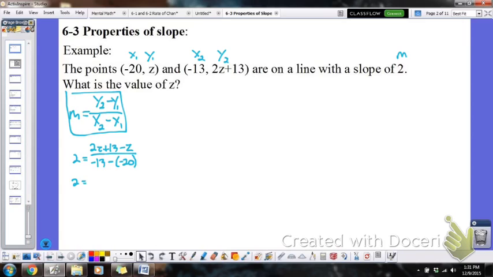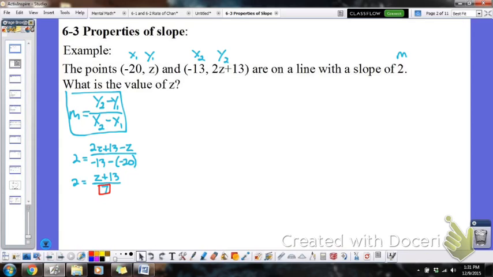But first I'm going to do a little bit of simplifying. So I have 2 is equal to, and in my numerator I have 2z plus 13 minus z. Well, I can combine my 2z and negative z, giving me z plus 13. And then negative 13 minus negative 20 is 7. Now to solve this equation, I have to get rid of this 7 in my denominator.